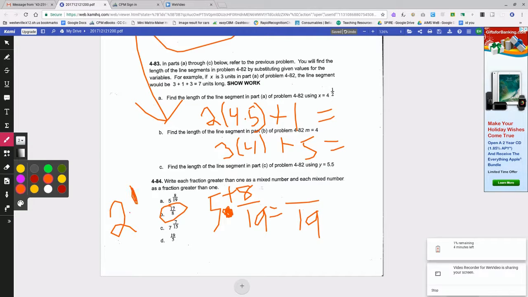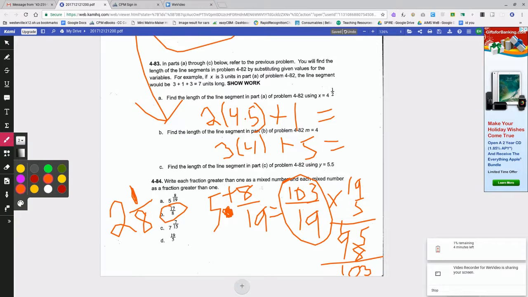You have 1 left over. Keep the denominator. So again, I can help you out here and do 19 times 5, that's 95. 95 plus 8 is 103. So you have 103 over 19. So again, you have to do a little bit of work tonight.